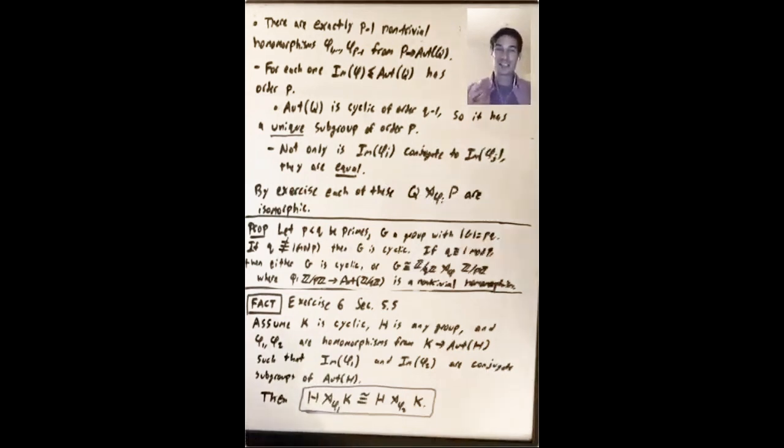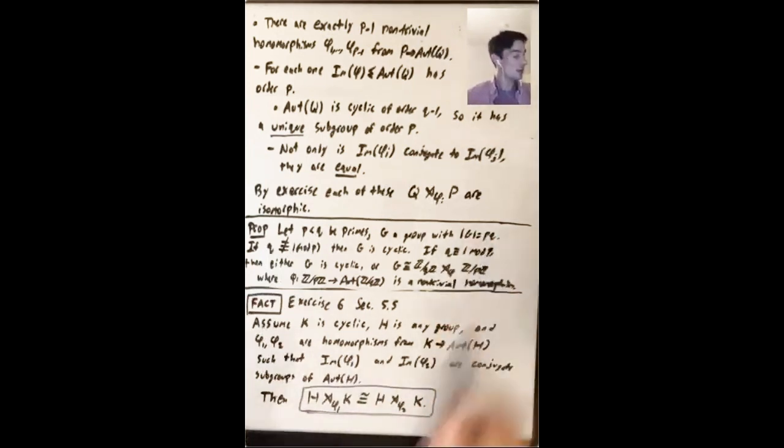Now let me just state this result about classification of groups of order pq as one single proposition. Let's say that p less than q are primes, and G is a group of order pq. If q is not 1 mod p, then G is cyclic.